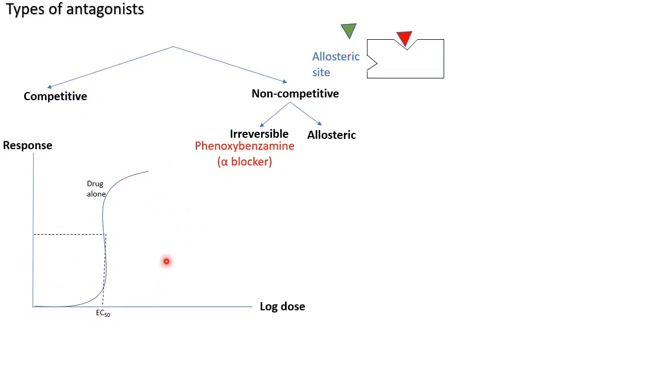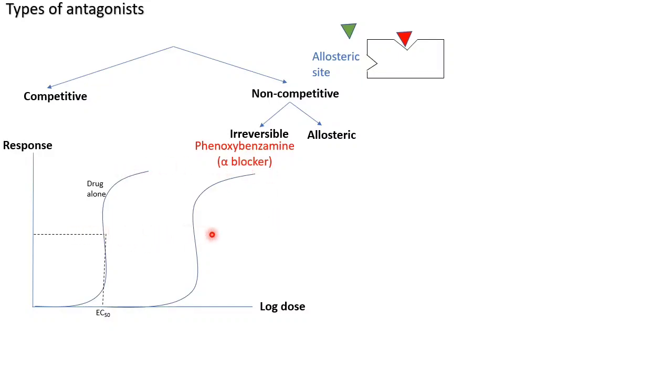So if we want to draw the curve of that drug or this agonist after giving the competitive antagonist, we would get the curve here. It is shifted to the right. Why? Because we needed a larger dose. The dose here is larger than the dose here to elicit the same effect.